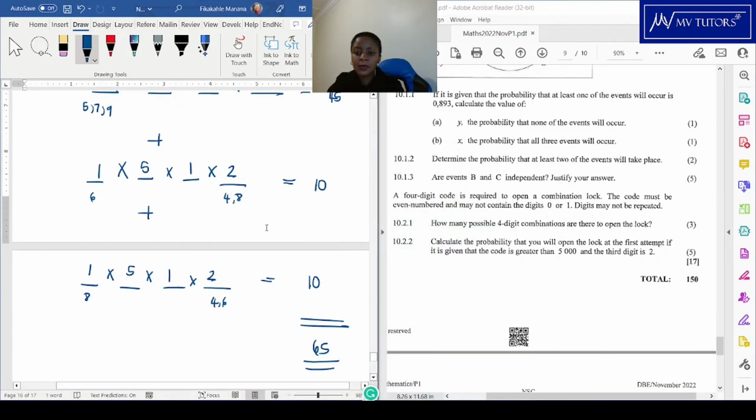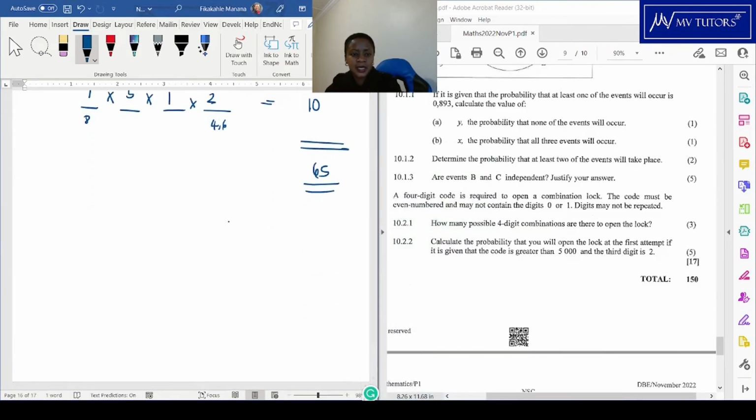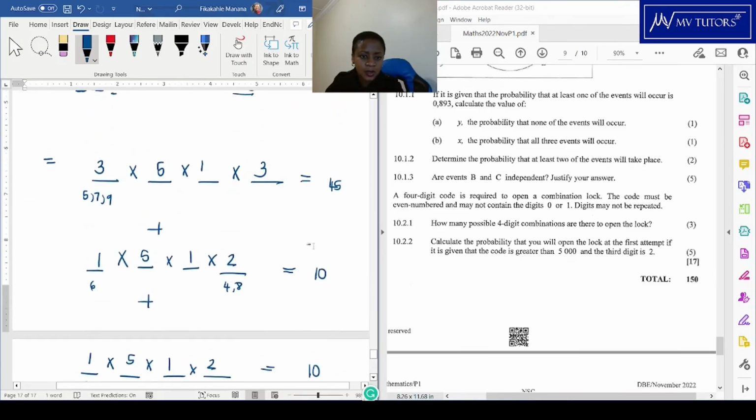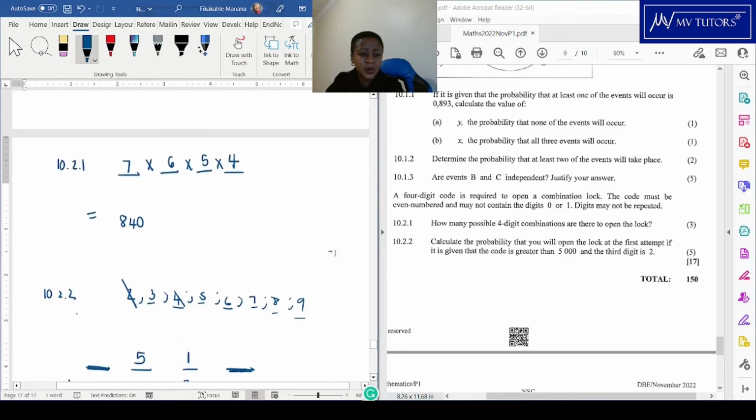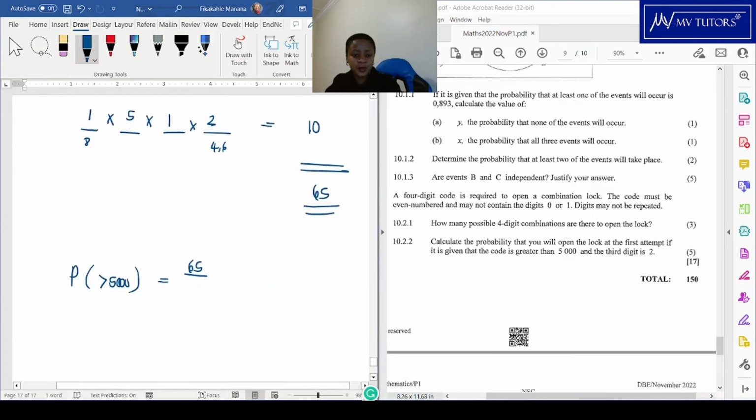But they didn't ask for that. They asked for the probability. Calculate the probability that your 4-digit combination will be higher than 5,000. So basically that would be 65, and we divide by the total amount which you calculated in the previous question, and that's 840.